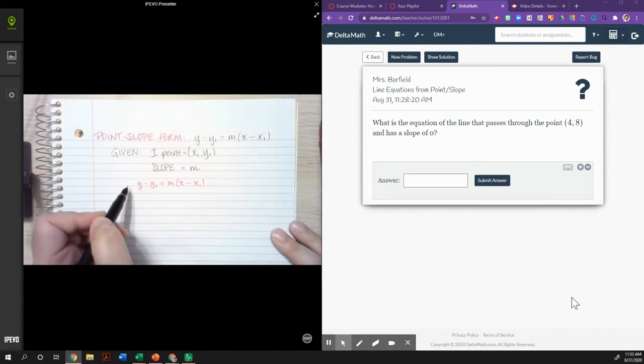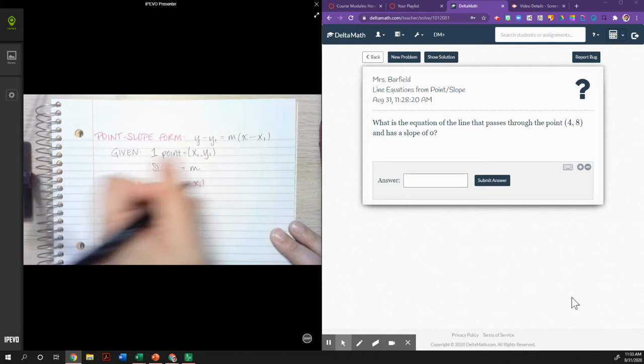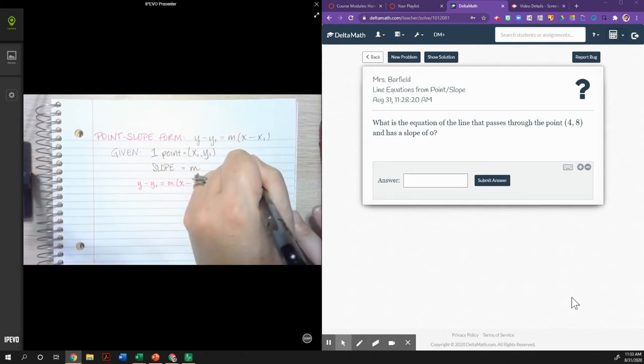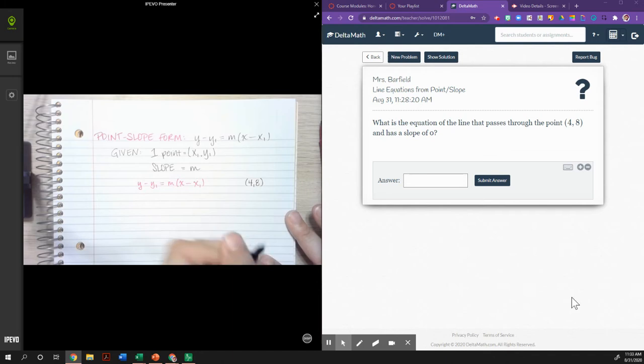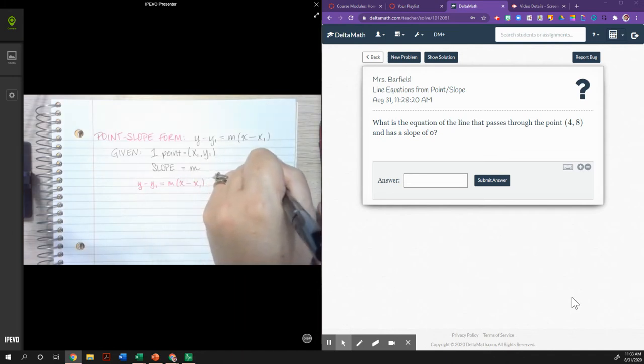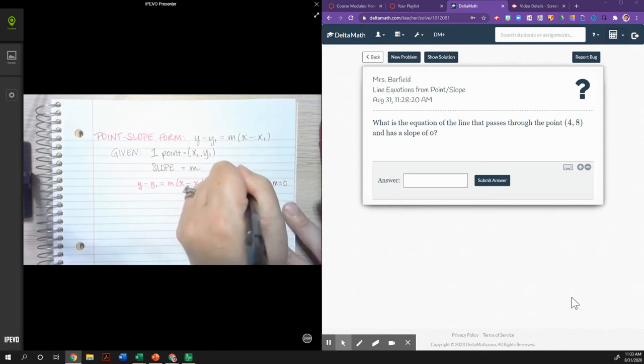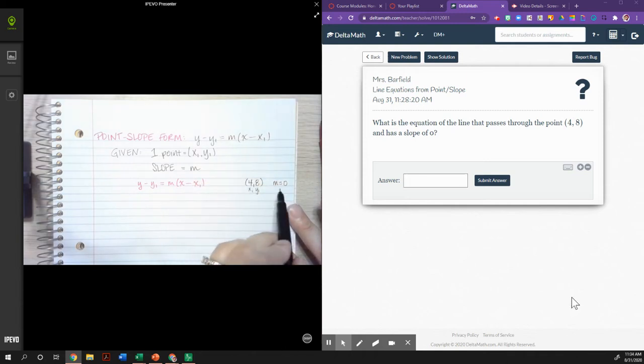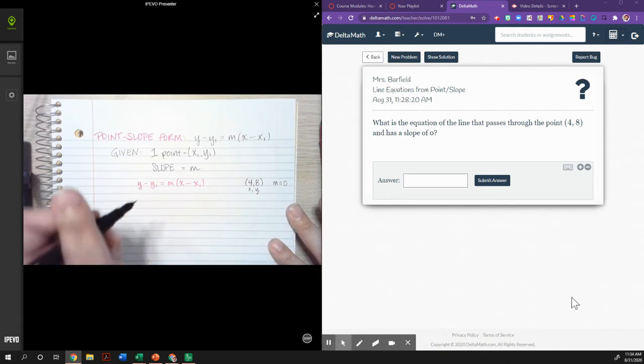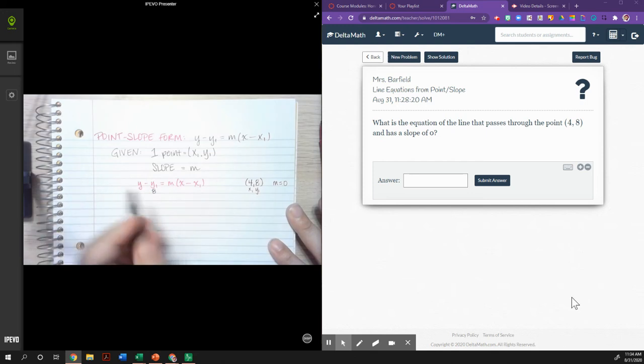So we've been given a point, 4, 8, and we've been given a slope of 0. If you look over here, here's the information from the problem, and I'm going to plug it in right where it belongs. y1 is the first thing. I haven't been given a y, my y1 is 8, so I'm going to put an 8.